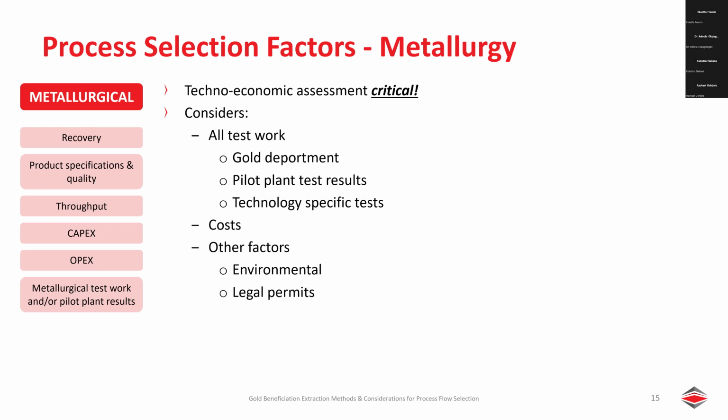So basically a gold deportment study is a full mineralogy analysis of the ore. So this study will sort of inform the types of technologies and the processes that are to be selected. And whatever process or technology that you use is going to have an influence on your gold recovery. And that is obviously then linked to the revenue that you're going to generate.